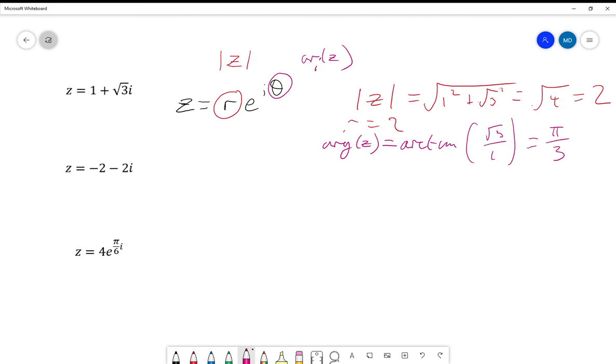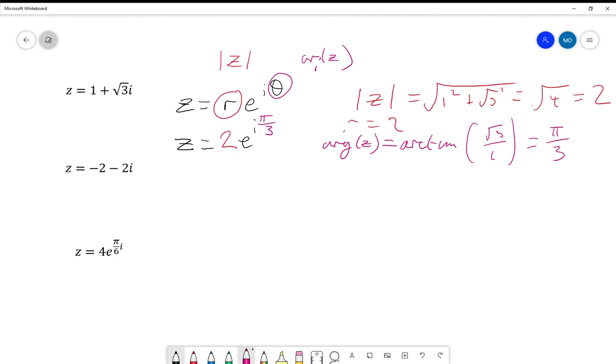And so, writing it in this form, z is equal to 2 e to the i multiplied by pi over 3. And that's all there is to it.